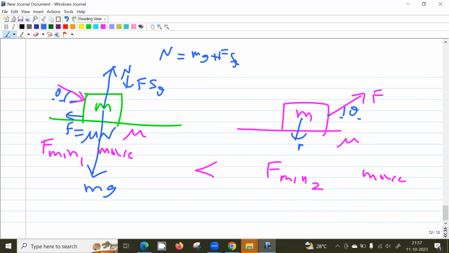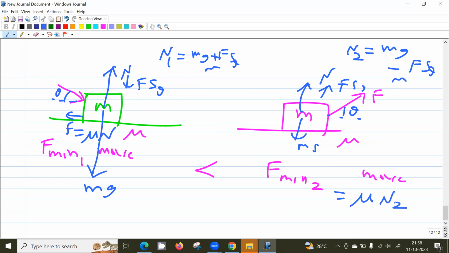So weight is mg downwards, normal reaction N upwards, and F sin theta upwards. Here the normal reaction is mg minus F sin theta. Here it is plus, here it is minus. So N2 is less than N1. The friction force in the second case is mu into N2, and in the first case mu into N1. Since N1 is more, the friction force in the first case will be more.